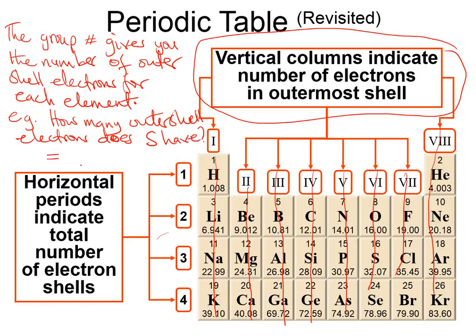The answer is sulfur is in group 1, 2, 3, 4, 5, 6. Sulfur is here in group 6. Therefore, it has 6 outer shell electrons because it is in group 6. That's what it means.